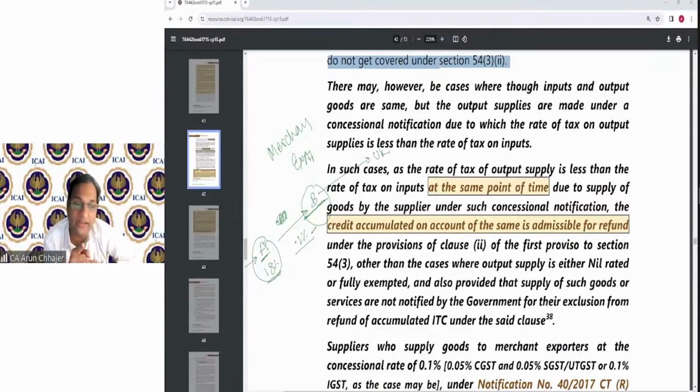Circular clarified, अगर कोई concessional rate notification के कारण, if you are charging the lower rate because of any concessional notification, you are entitled to take the refund of inverted duty.